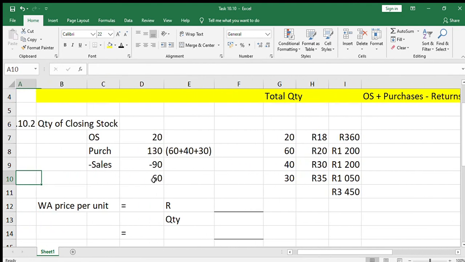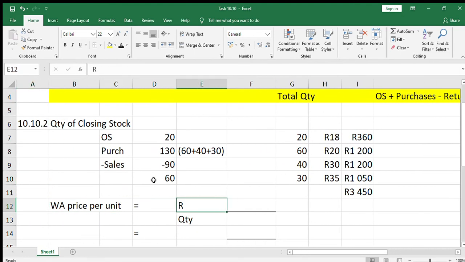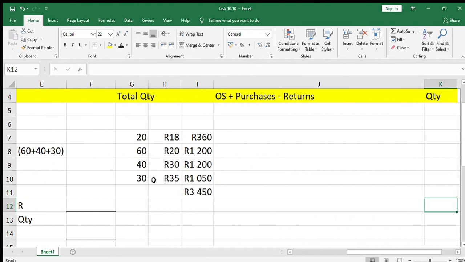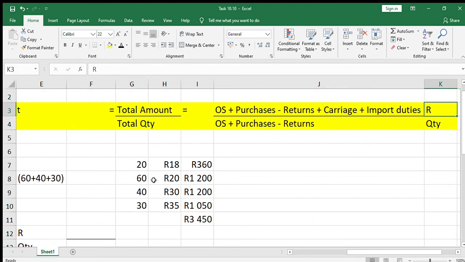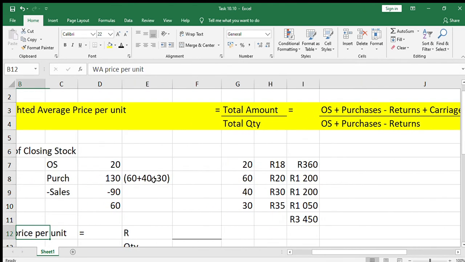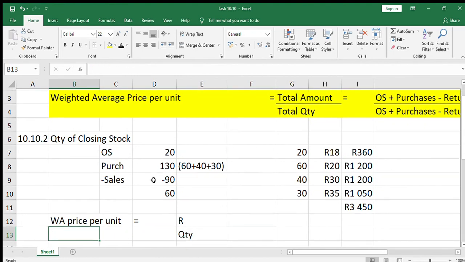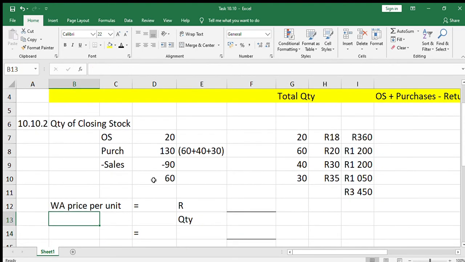That's actually the figure that we're going to use here on the top when we say opening stock plus purchases. It's normally opening stock plus purchases minus returns plus carriage and all of that. But this question is a simple question. It doesn't have carriage, it doesn't have returns, etc. So it's opening stock plus purchases.